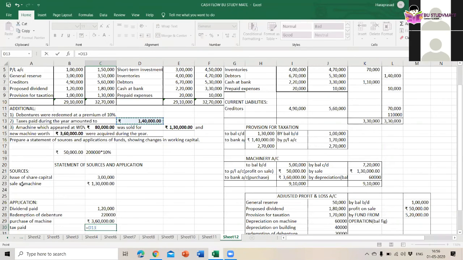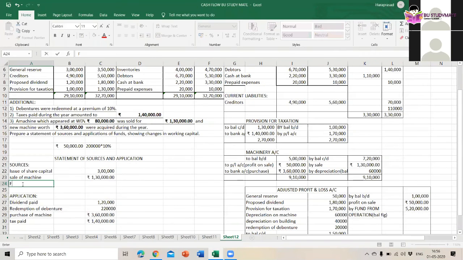Okay, in the sources we have to write down the fund from operation also. Fund from operation, how much we got? 5,20,000.